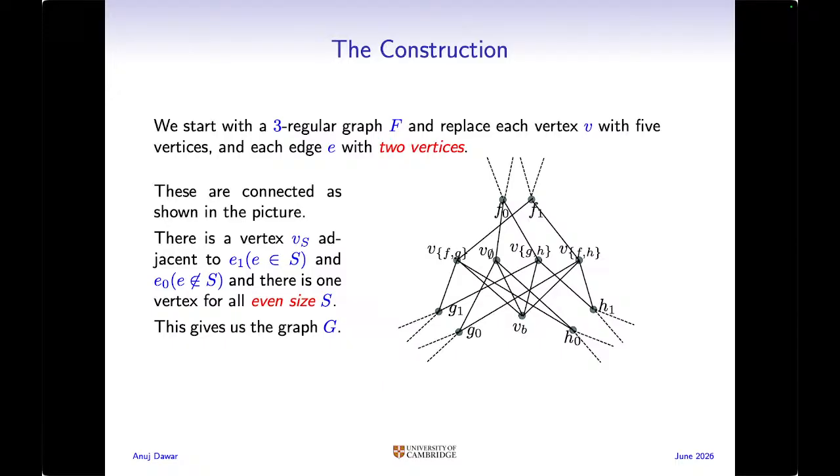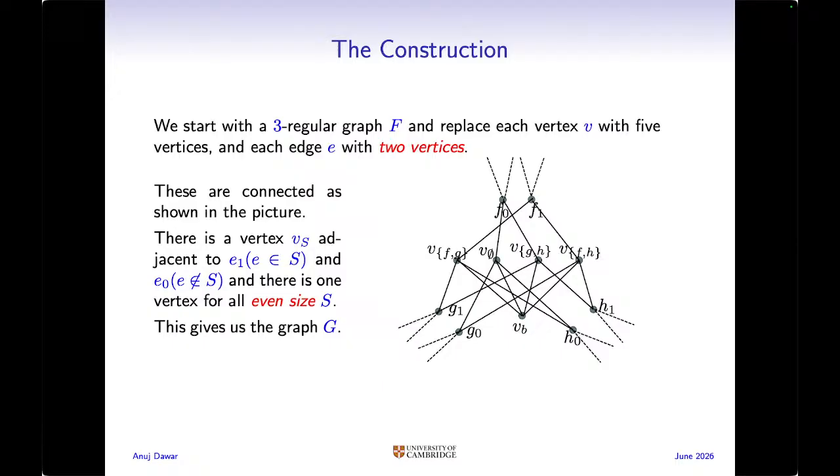Every vertex with three neighbors is being replaced by this gadget, where these are the three edges, and that's replacing the original vertex. The connections are such that we have a central vertex here for each even-sized subset of the three edges, and this V_FG is connected to F1, G1, because F and G are in there, but H0 because H is not in there. Okay? And we add one more vertex here, which is neighbor to all of those.